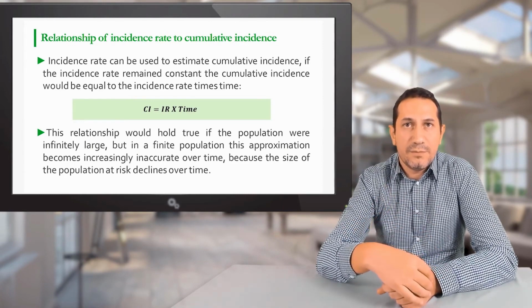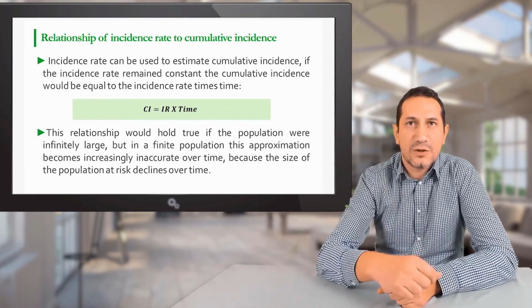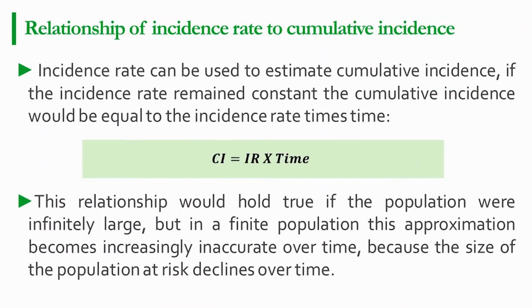And then the incidence rate can basically be used to estimate cumulative incidence, especially taking the assumption that the incidence rate is constant, and the cumulative incidence would then equal the incidence rate multiplied by the time component we have.